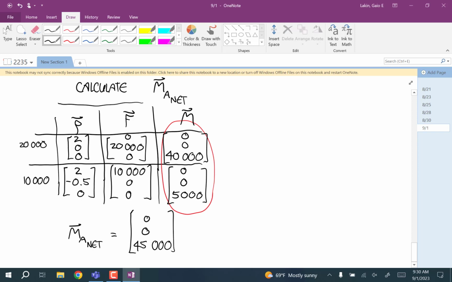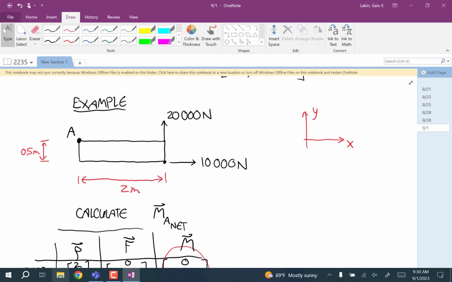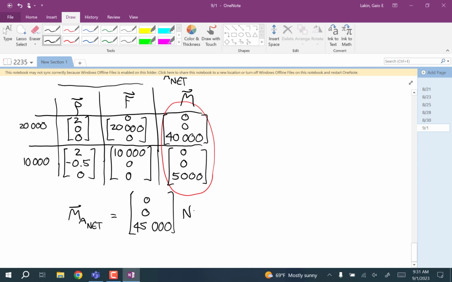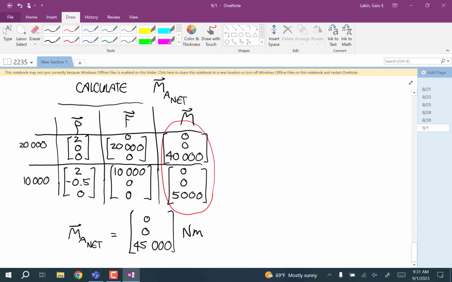And the units here, I did forces in newtons, distances in meters. So this is Newton meters, the SI units for moments. I want you to notice that if you're doing 2D problems, a moment is always a vector.